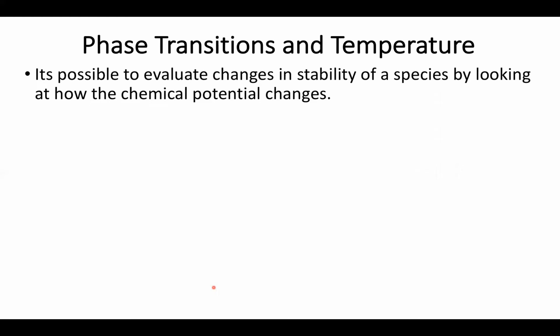And so what this ends up showing is that as I heat the system, as temperature goes up, since all third law entropies have to be a positive number, the chemical potential will always go down. So again, the more I heat the system, the more stable the system becomes.